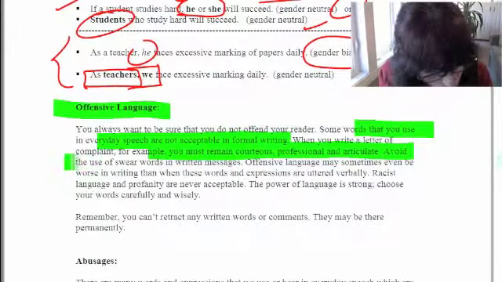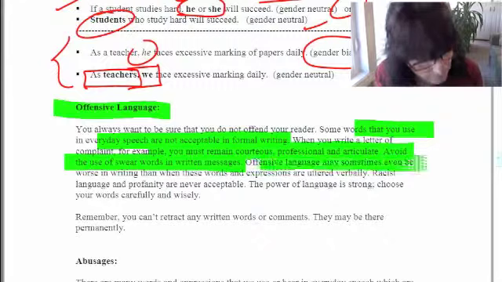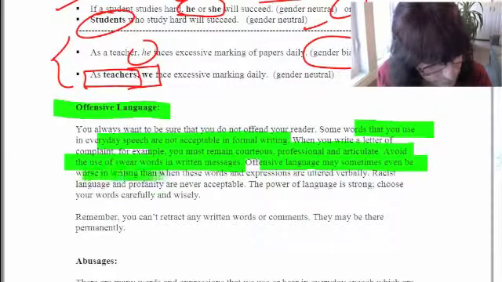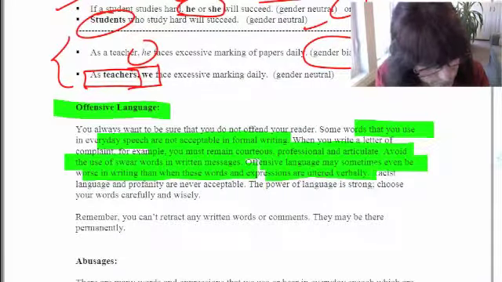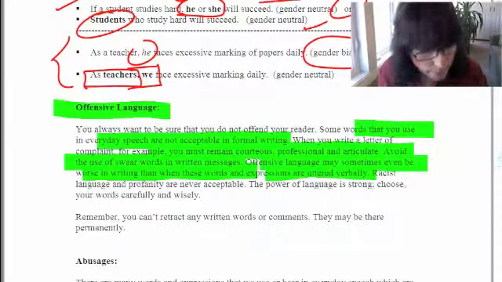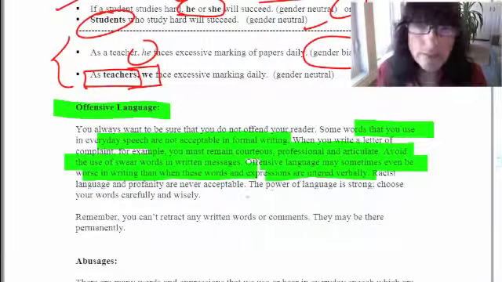So you want to choose your words carefully. So always avoid the use of swear words, particularly in written messages, because offensive language may sometimes be even worse in writing, when you put them in words and expressions, than when you utter them verbally. And racist language and profanity are never acceptable.